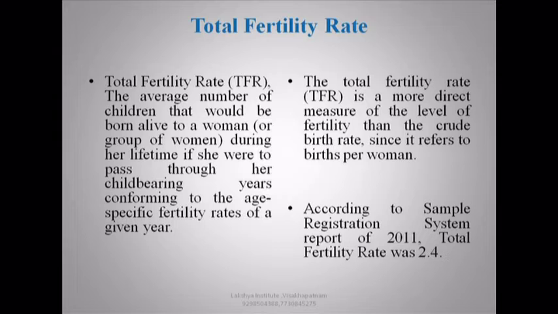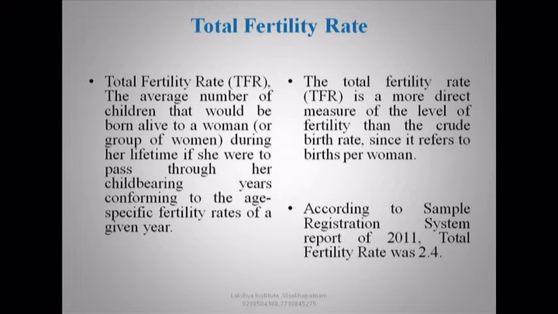Total fertility rate. Total fertility rate, the average number of children that would be born alive to a woman, or group of women, during her lifetime if she were to pass through her childbearing years conforming to the age-specific fertility rates of a given year. This rate is sometimes stated as the number of children women are having today.